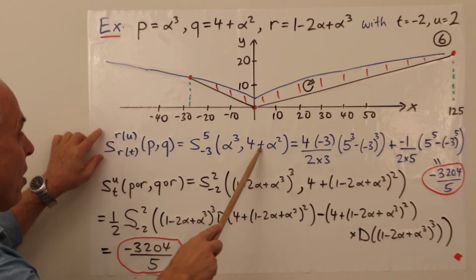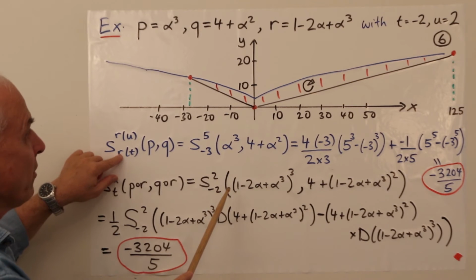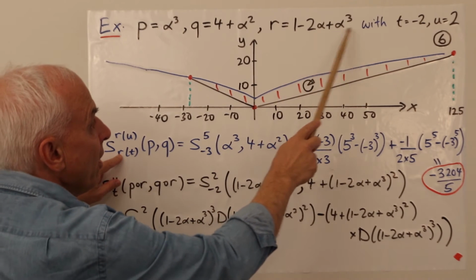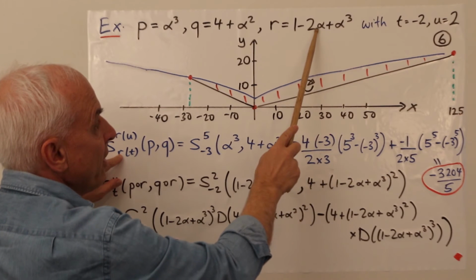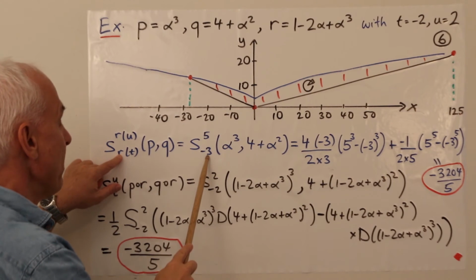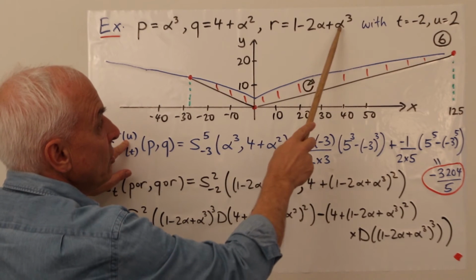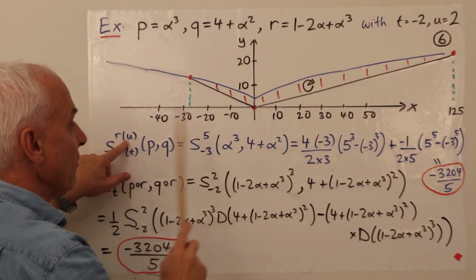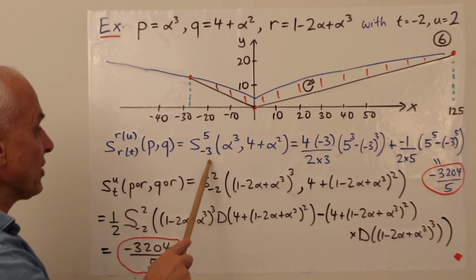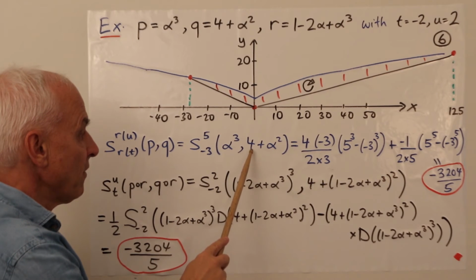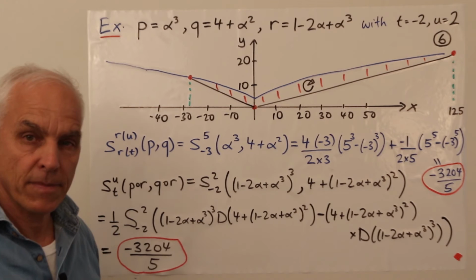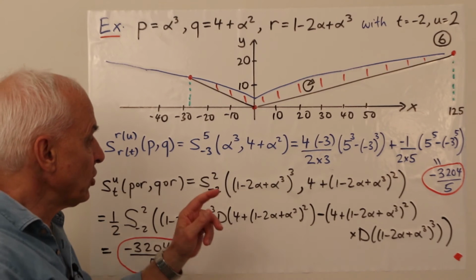So p and q are in here, and r of t, if you plug r of minus 2 inside there, you're going to get minus 3. And when u is 2 plugged in here, you get value 5. So we're going from minus 3 to 5, integrating alpha cubed, 4 plus alpha squared. So by linearity, this is really two different ones.